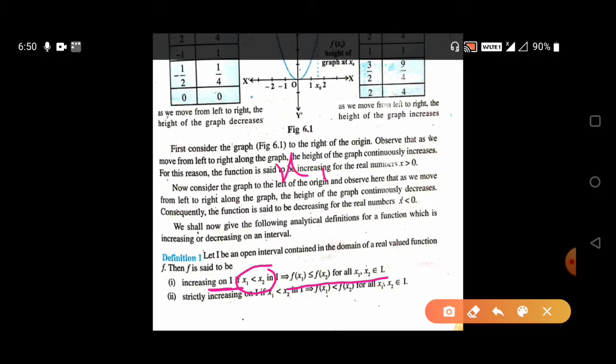So if x1 is less than x2 and it implies f of x1 is less than or equal to f of x2, then the function is an increasing function.